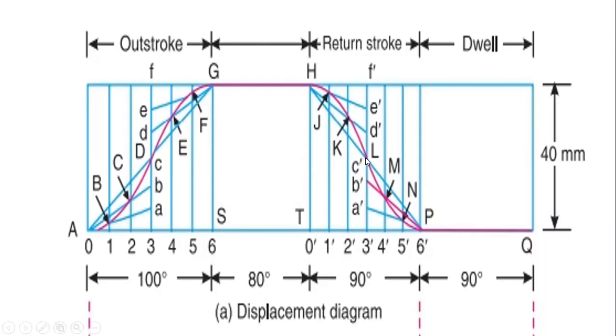From the center line, the procedure we have done for the outstroke is the same for the return stroke also. So we have to join the upper 3 points to the H point and the lower 3 points to the P point.